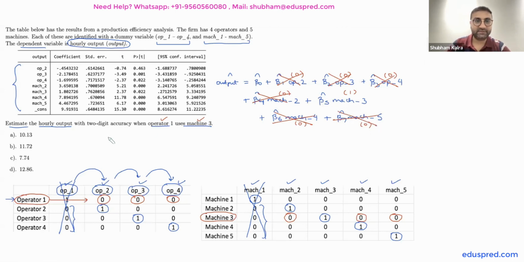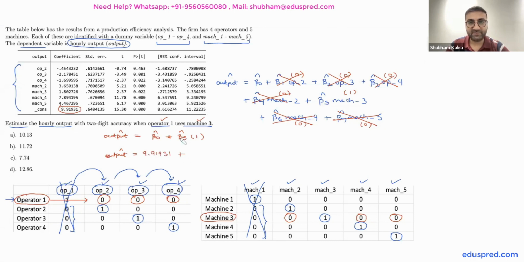So in total, if you take a look at what we are left with, we are left with output hat is equal to beta 0 hat plus beta 5 hat times 1. Okay, so this is what we are left with, right? And now we can just put the numbers over here. So the output hat is equal to, what's your beta 0 hat? Well, your beta 0 hat is this, so it is 9.91931.